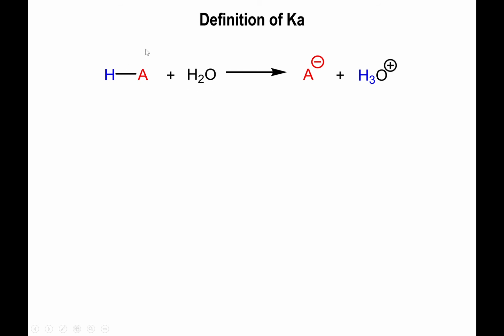So HA will give away its H+, it'll become A-, water will acquire an extra H, so it'll become H3O+. So the total number of H's remains constant on both sides, but notice that we went from being neutral to now having charges as a result of exchanging that H+.